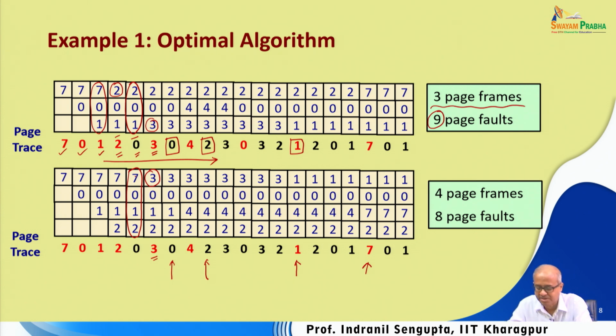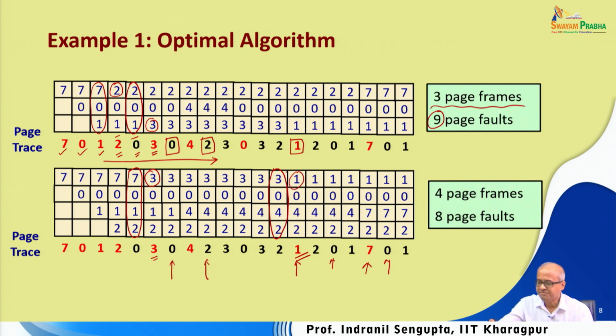Let us take another one, let us take this one. When this one is coming, memory contains 3, 0, 2, 4, let us see 3, 0, 2, 4, all of them are not there, 0 is only there, you can replace any one of them. In the future you find 0 is there, 0 is there, but 2, 3, 4 are not there, any one you can replace. So, I am replacing 3.